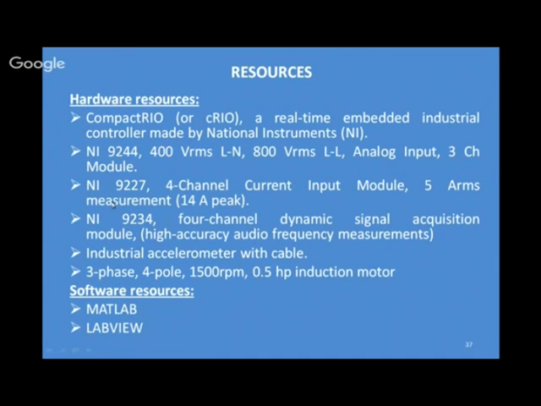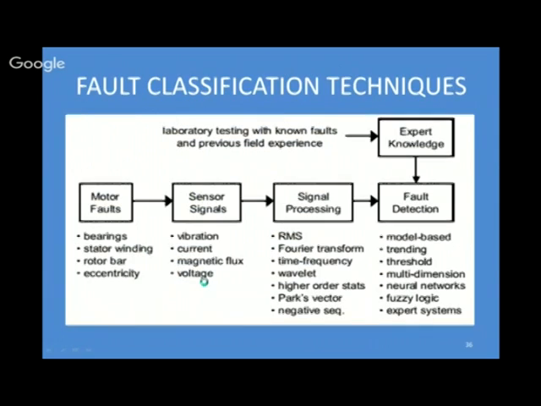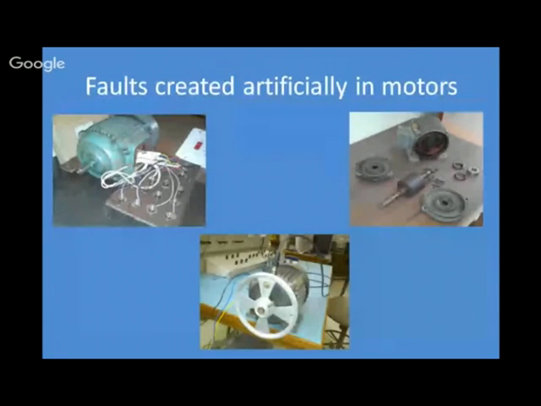Then we have different types of modules here. This is NI 9244 for acquisition of voltage. Then we have a current input module and a vibration input module. Then we have different motors with us. These are three-phase motors, 4-pole, 1500 RPM, 0.5 HP. We have 2 or 3 of these motors with us.